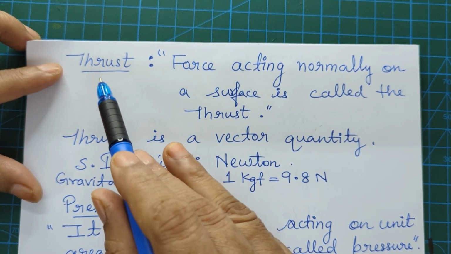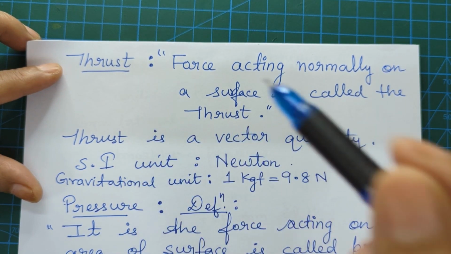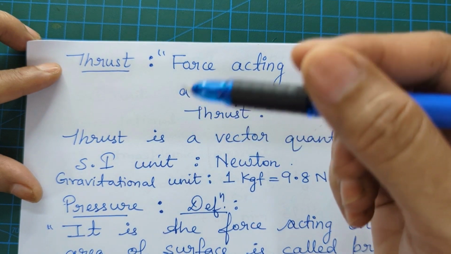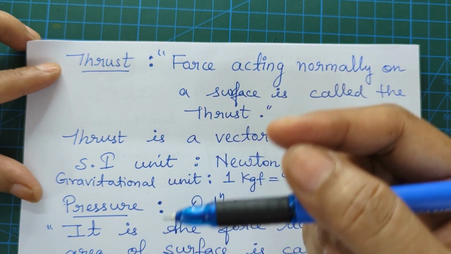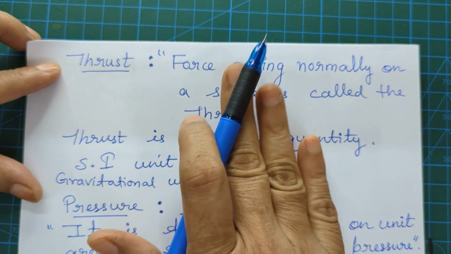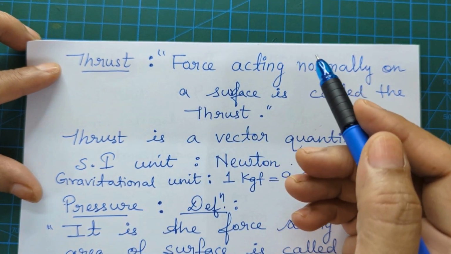When do we see thrust? We will see thrust, or we apply thrust, whenever we try to punch a paper on the notice board by means of a ball pin, or when a nail is being hammered on a wall. We don't apply force, we apply thrust. Rockets apply thrust to the surface of Earth and they are launched in a perpendicular direction.